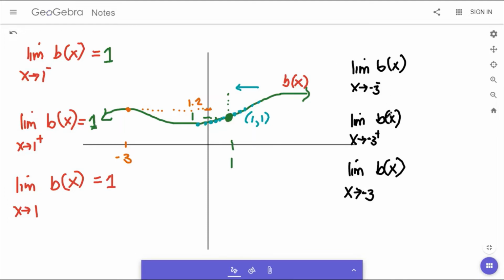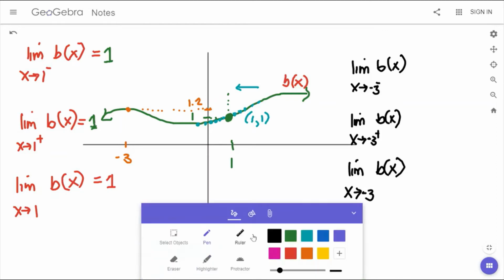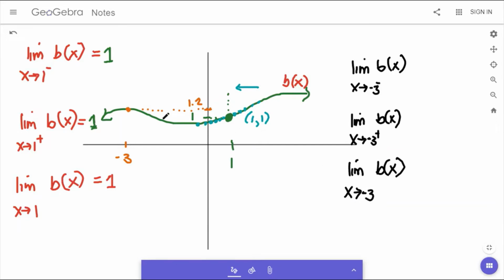The answer here is 1.2. Matthew is still correct. Okay, tingnan nyo ang nangyayari, class. It's all about the behavior. When you keep on approaching negative 3 and you are moving from the right, sabi niya. And you keep on approaching negative 3, however, you're moving from the left. What happens to the value of y? Yun lang ang sinasabi ng limit, class.